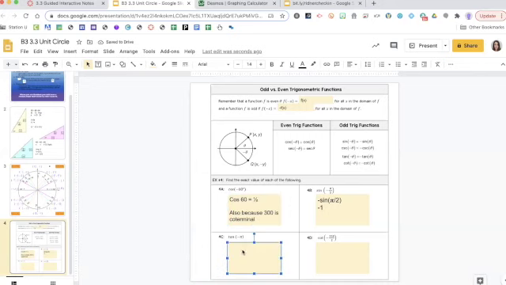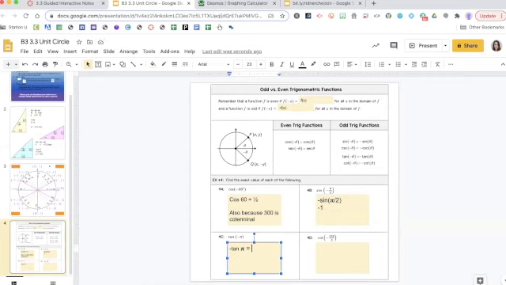All right, what about tangent of negative pi? It is also odd, so that means it's going to be equal to negative tangent of pi. So I need you to go to pi.